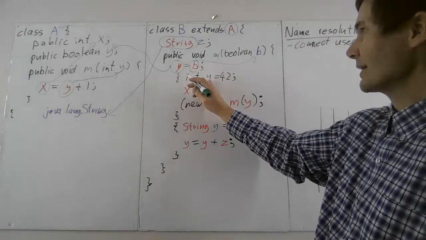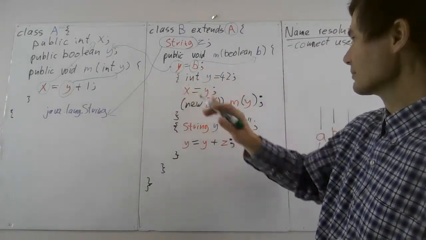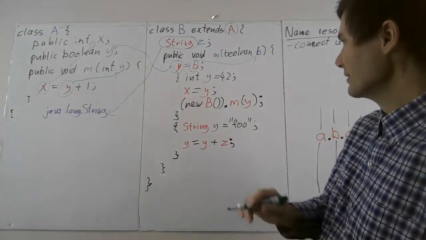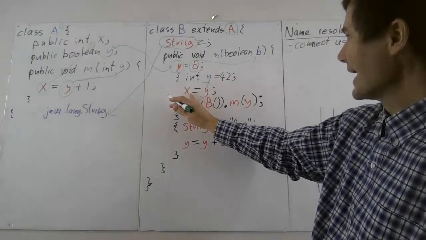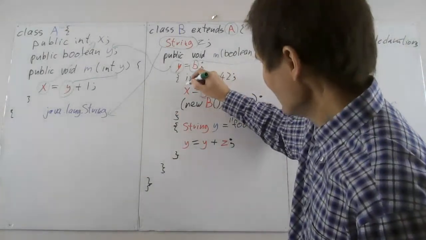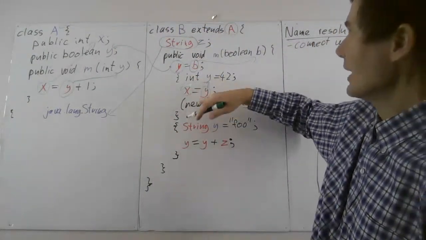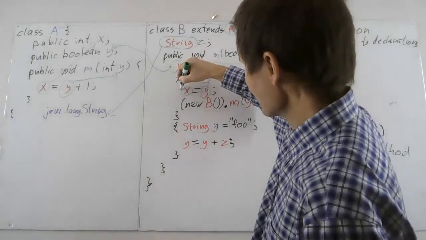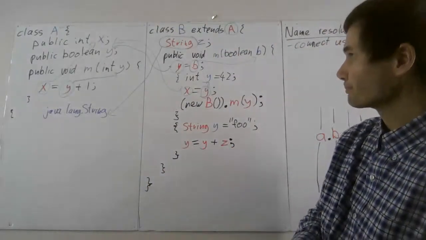Okay, but now I declare a Y, and so which Y should this be? Well, it's the closest one. What about X? Oh dear, okay. So there's no X's here, so I need to go to the superclass. So this X is actually this X over here.